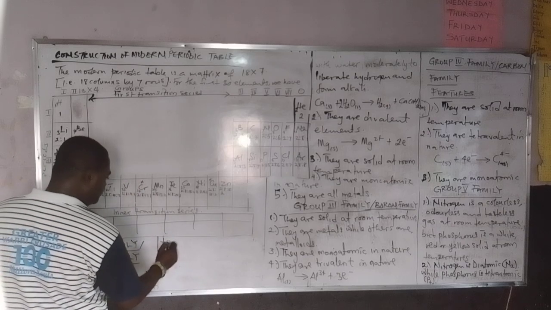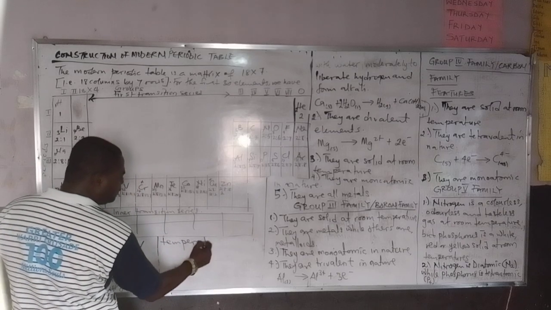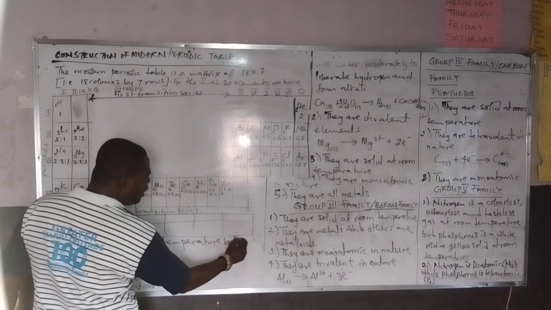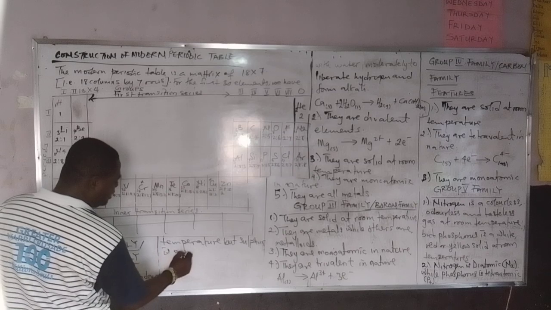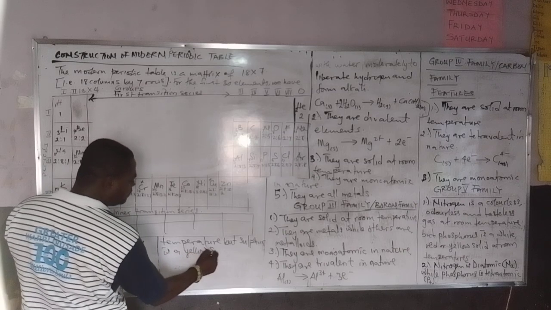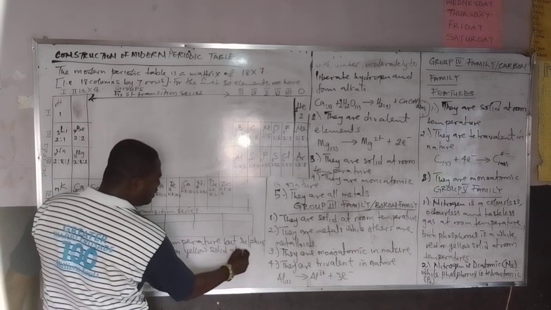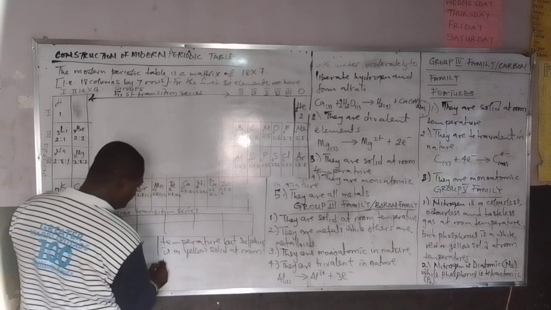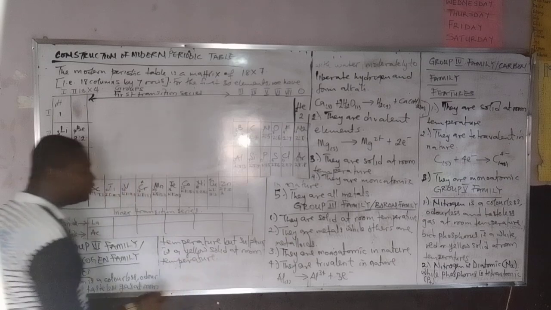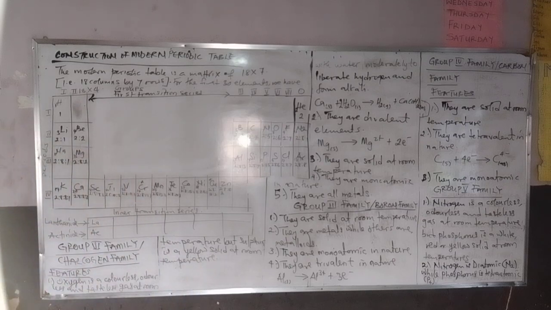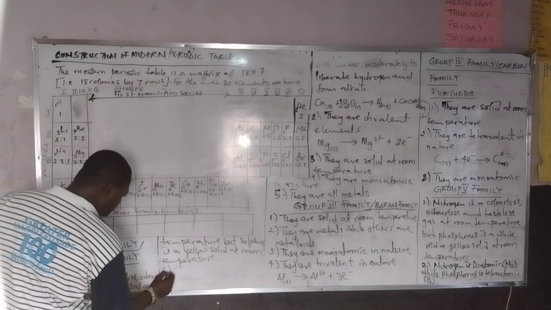But sulfur is a yellow solid at room temperature. So room temperature means the ambient temperature, the temperature when you are not heated and you did not cool. So that is that.